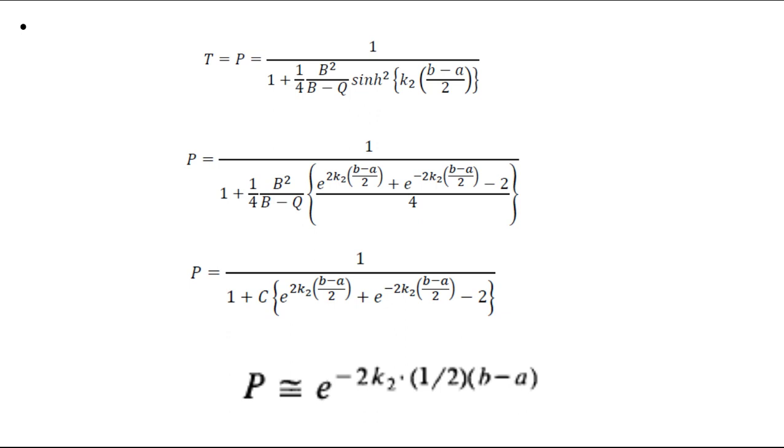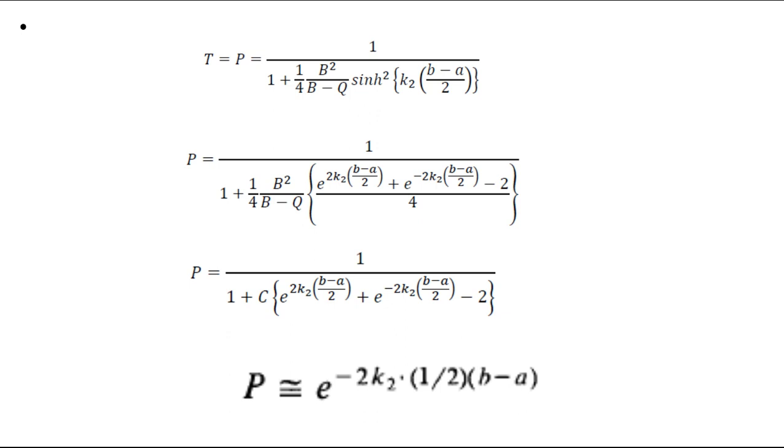Now we have competition between this constant and the exponential term, and the most influential exponential term is e to the power 2k2 times (b minus a) over 2.